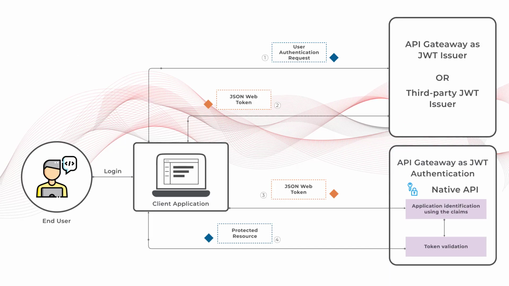Yet another widely used technique, JWT, JSON Web Token, is a secure authentication mechanism that grants authorization to critical resources. Typically, a private key or a text secret is used by the issuer to sign the JWT.